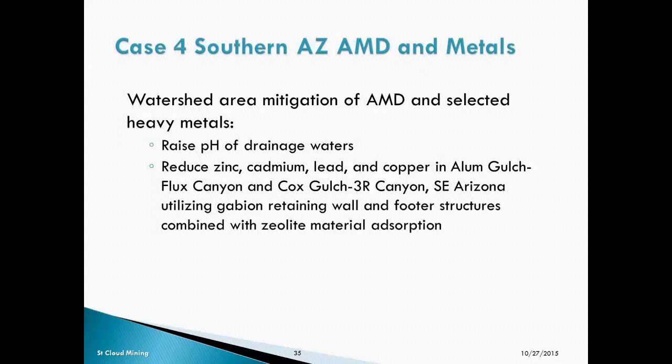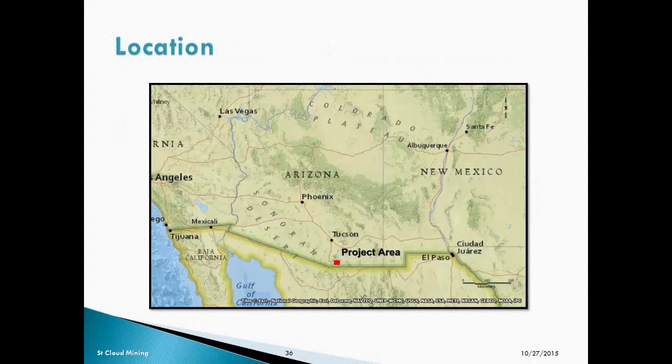So we had basically a passive system on an old mining area in southern Arizona. Project area is darn near on the U.S.-Mexican border. It's near the Red Mountain porphyry copper deposit discovered by Kerr-McGee in the late 70s, early 80s.